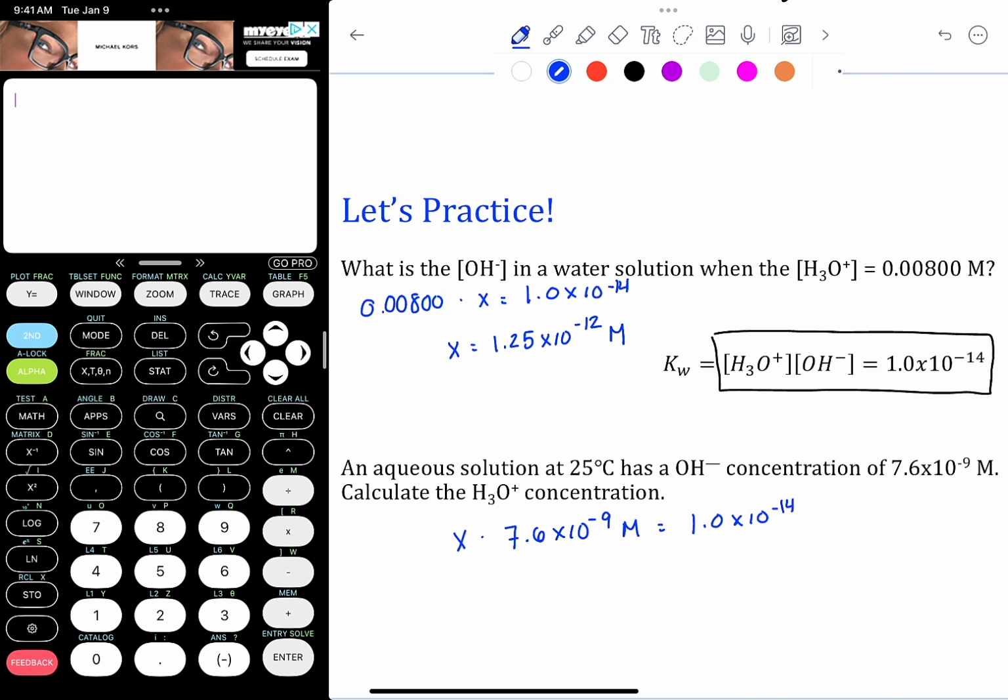So we're going to do the same thing, 1.0 times 10 to the minus 14 divided by 7.6 times 10 to the minus 9. And we get an H3O plus concentration of 1.3 times 10 to the minus 6 molar.